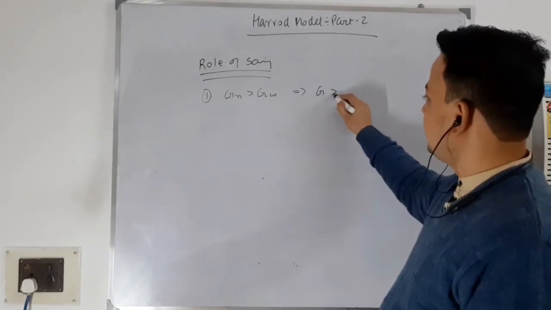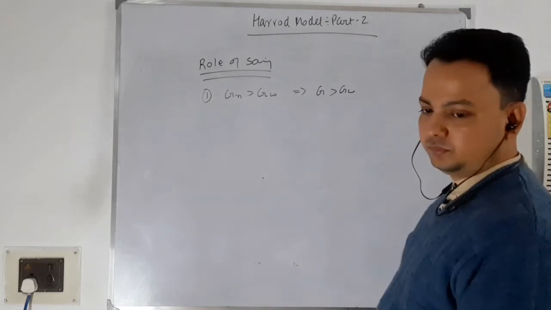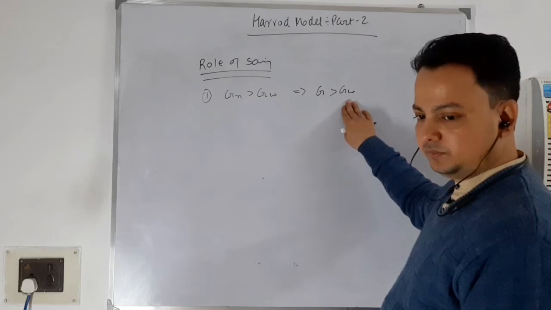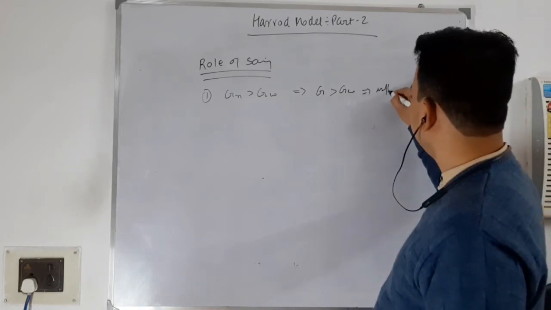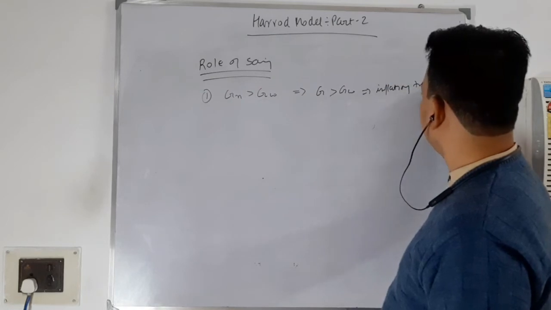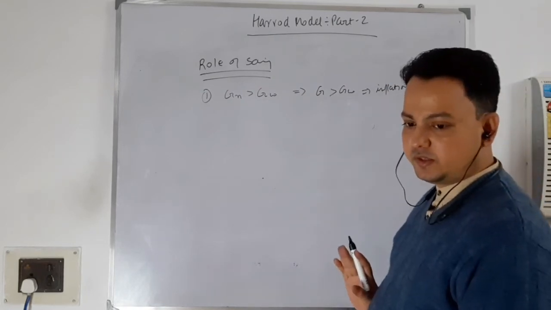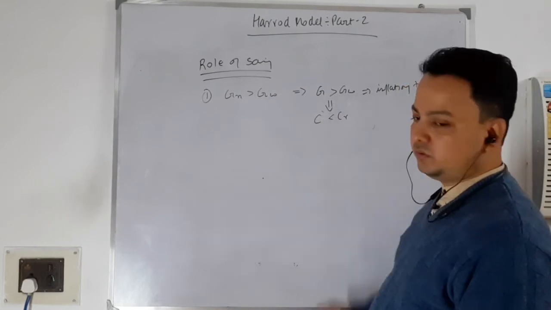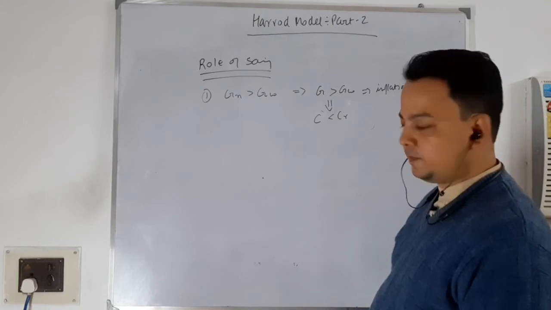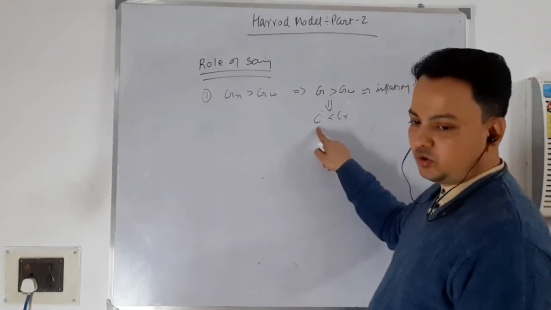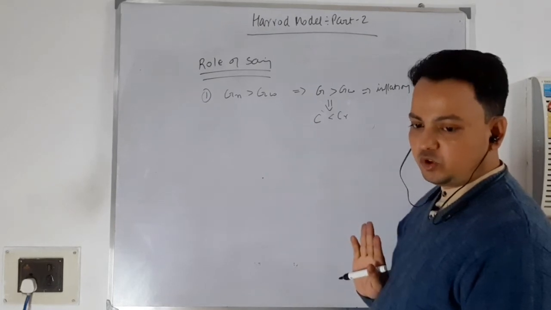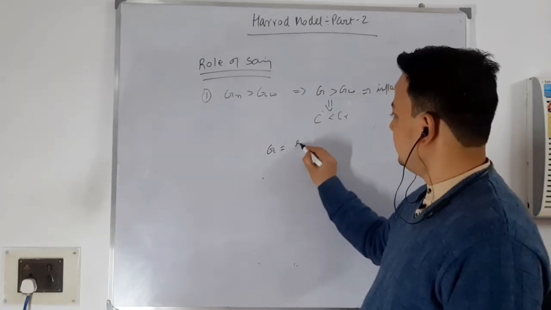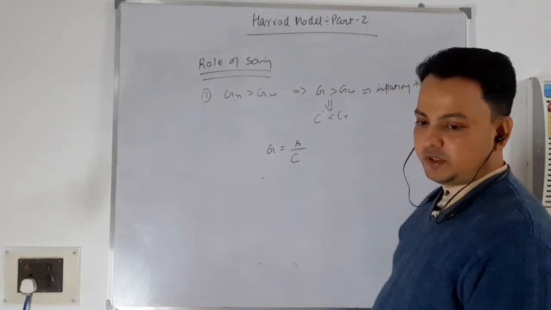Why? Because actual growth rate will be more than warranted growth rate. Clear? So there will be an inflationary trend. The economy is going through an inflationary trend, so what is the shortage we have? Actual capital in stock is less than required capital in stock. So if I can increase this actual capital in stock over time, it will be good for the economy. Look, your actual growth rate is saving over your capital output ratio.